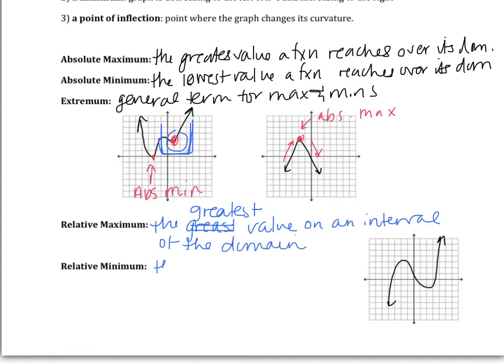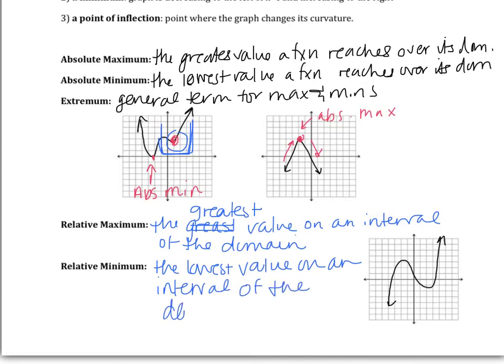A relative minimum is the lowest value on an interval of the domain. So you're taking just part of the graph and seeing if it's a maximum or a minimum in that relative area.